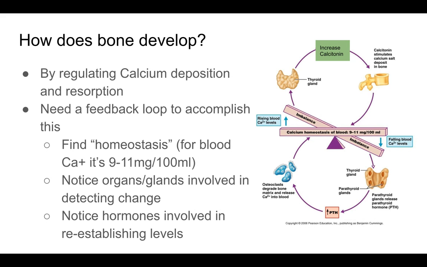So as we go through the next couple of slides and we talk about what happens when calcium levels rise, what happens when calcium levels decline in the blood, we're going to see organs and glands that detect a change. And then we're going to see organs and glands that release hormones that are going to do something that brings us back into homeostasis.